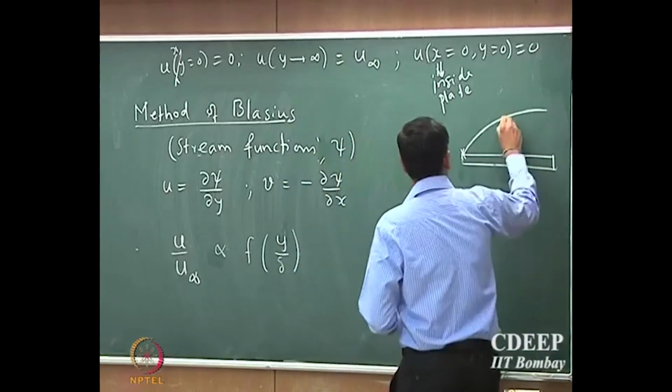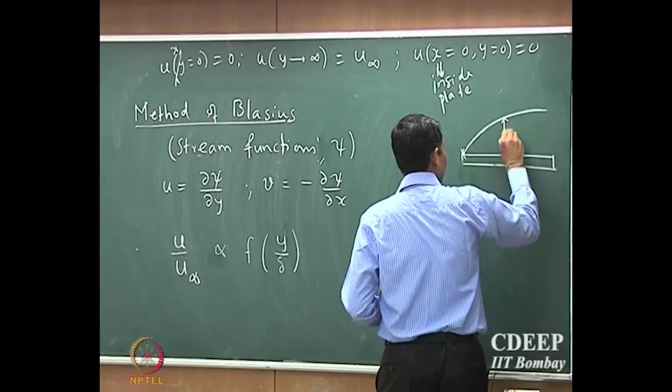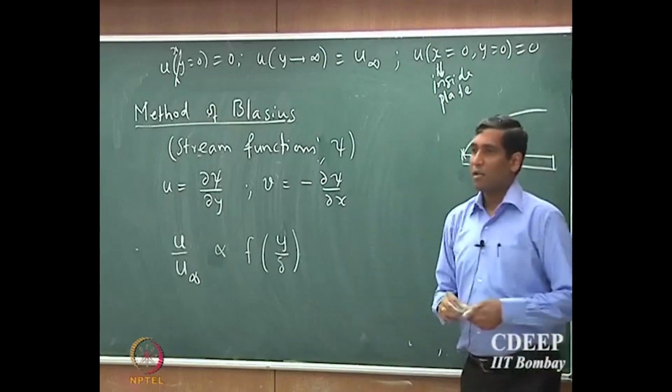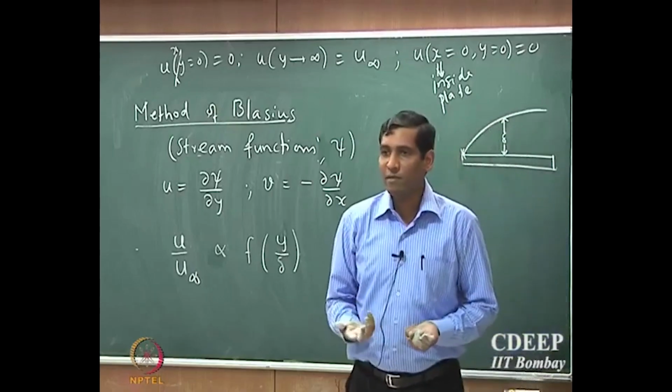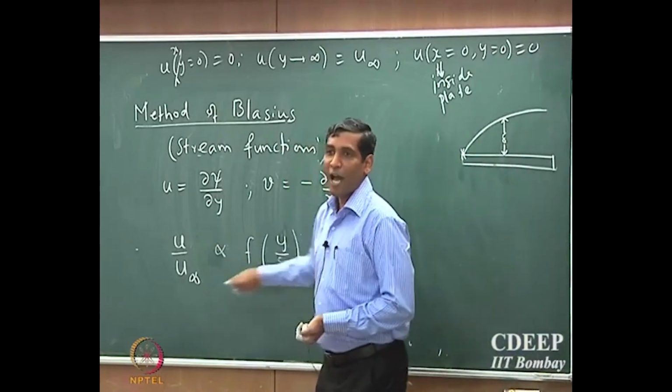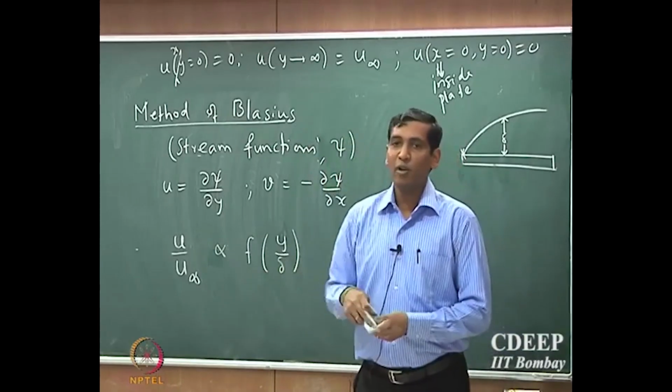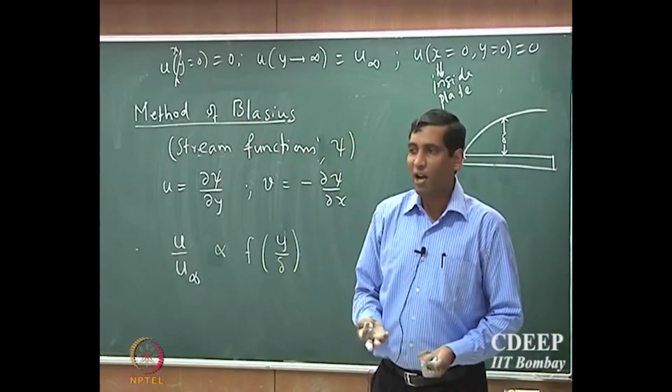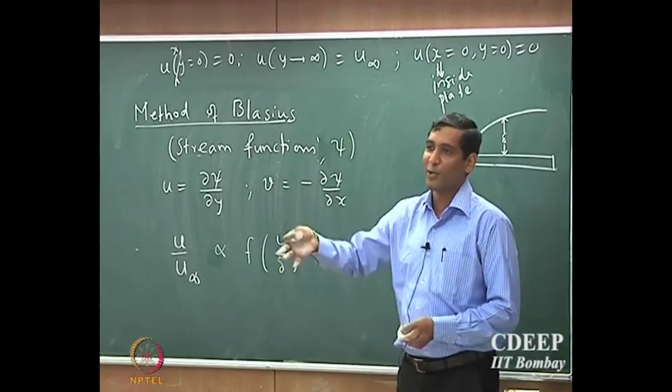So if delta is the boundary layer thickness here, what was observed was that this velocity ratio somehow has to be a function of the location in the boundary layer. That's not hard to see now, but it was very hard to see at that time.